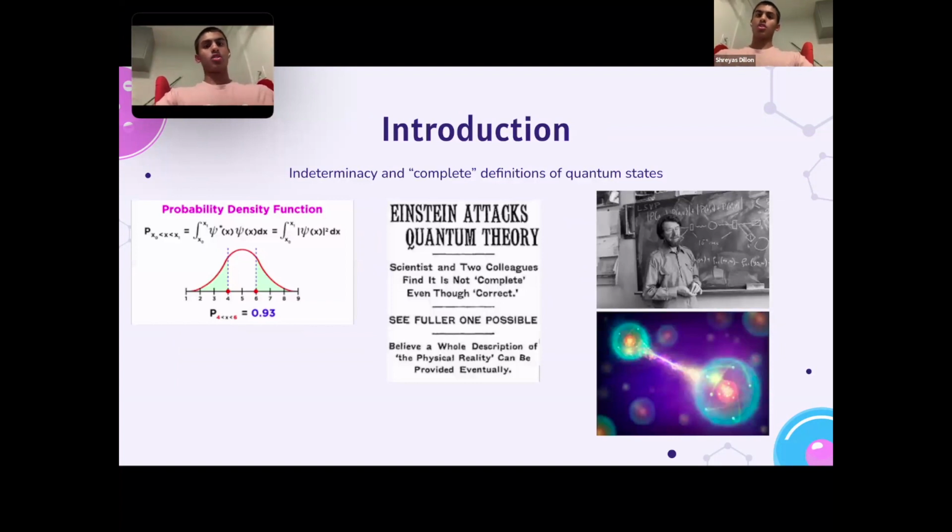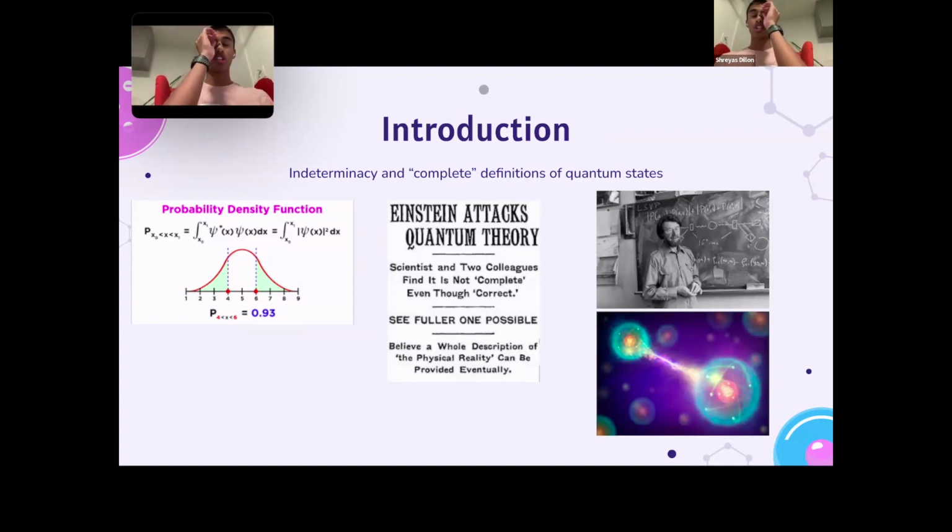Introduction. So, the introduction to this is quantum mechanics. It's one of the main issues, or not issues per se, but where it deviates from classical mechanics is its indeterminacy. In classical mechanics, when you measure something, you can predict it up to an infinite accuracy.